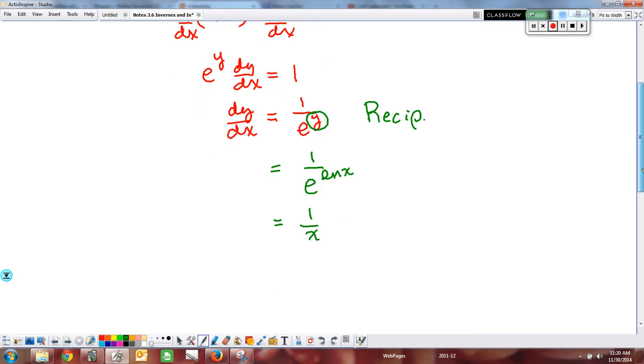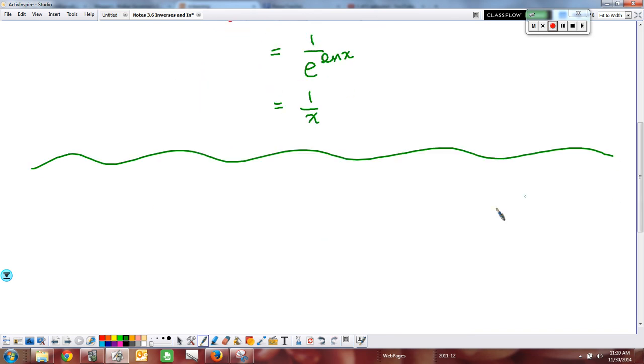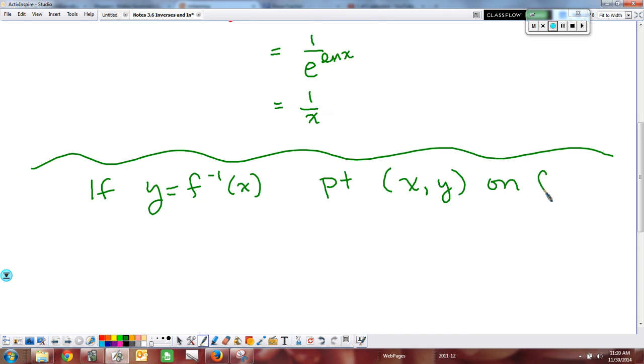So keeping that same pattern in mind, let's do this in a more general fashion, just to show you that this works. I have a function, y equals f inverse of x, right? And we know that according to that, the point x, y is on f inverse.